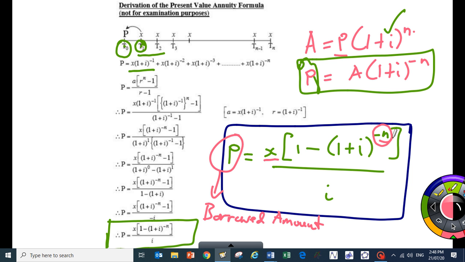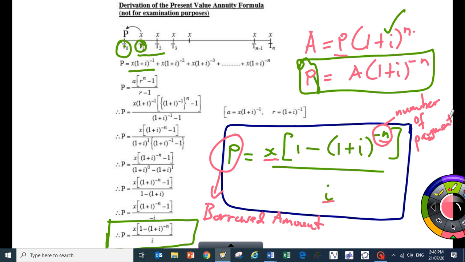And you know your I or what it stands for, so you'll be okay. So the P is the amount borrowed, n is the number of payments, and that X there is the equal payment made every month.